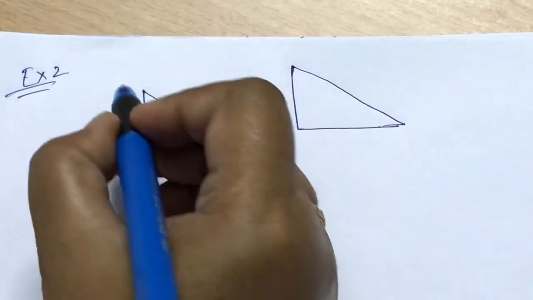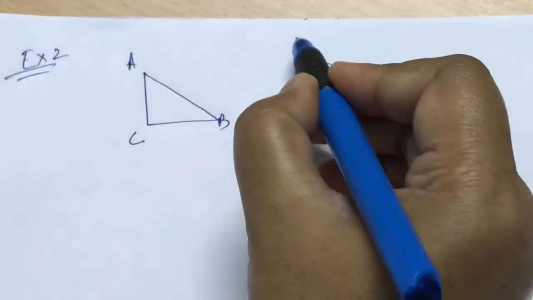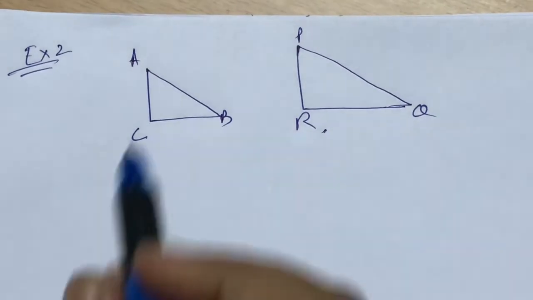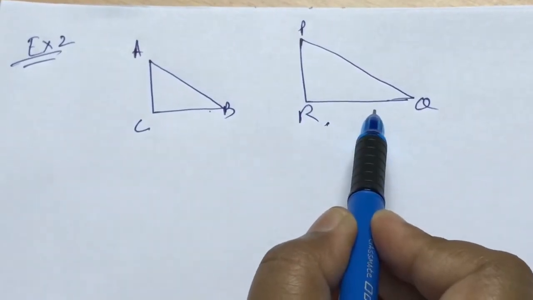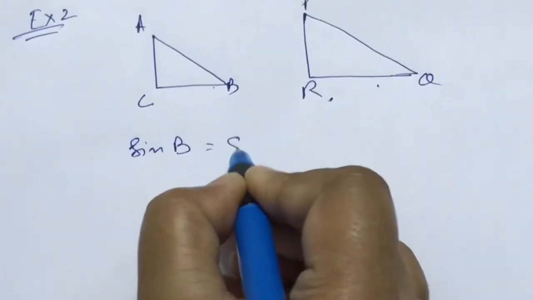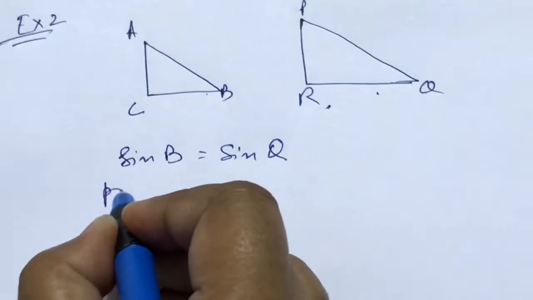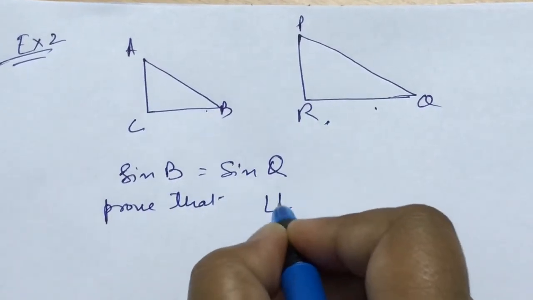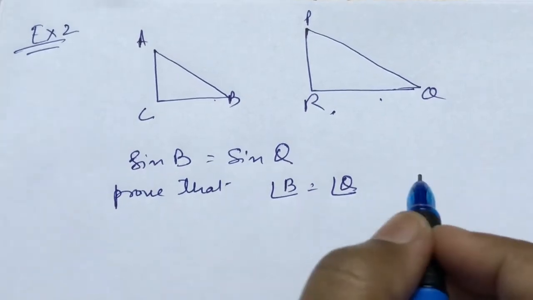It is named as A, B, C and P, Q, R. If angle B and angle Q are acute angles such that sin B is equal to sin Q, then prove that angle B is equal to angle Q. How will you do it?